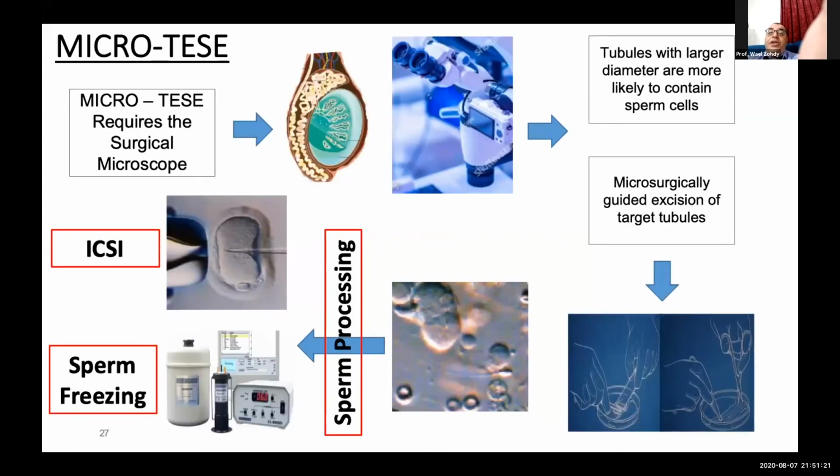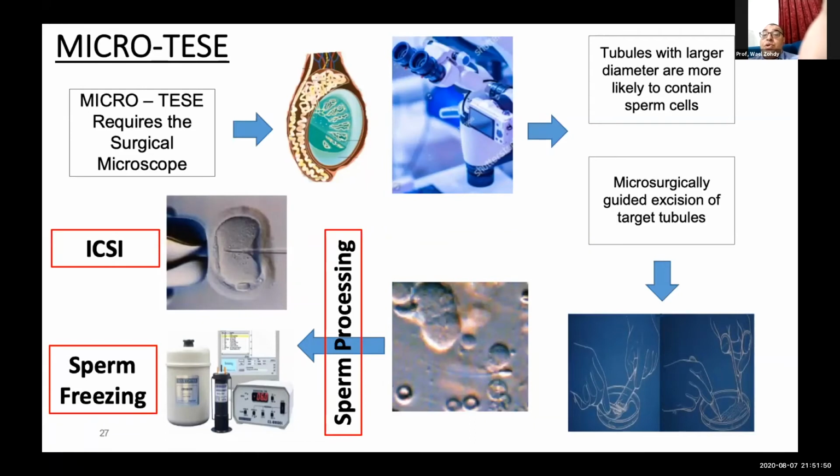This slide briefly describes the microTESE. We need microsurgical skill, a good surgical microscope, and under optical magnification, we select the widely dilated seminiferous tubules. We published a paper in Fertility and Sterility about 10 years ago, and we had a cut-off level of 300 microns. So this is a good cut-off level where we can retrieve testicular sperm.